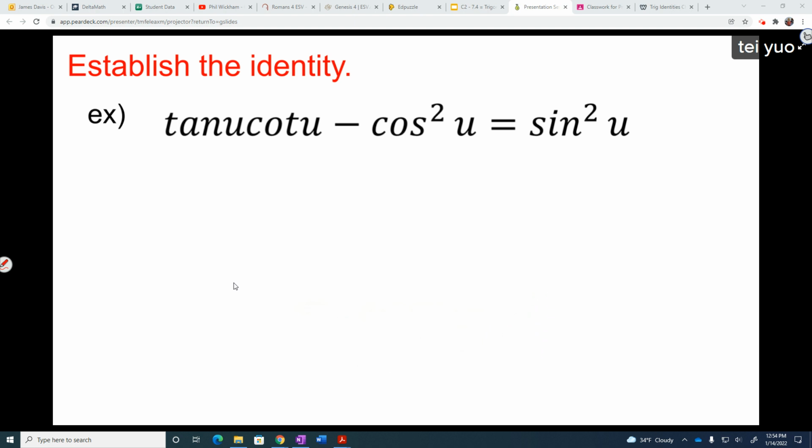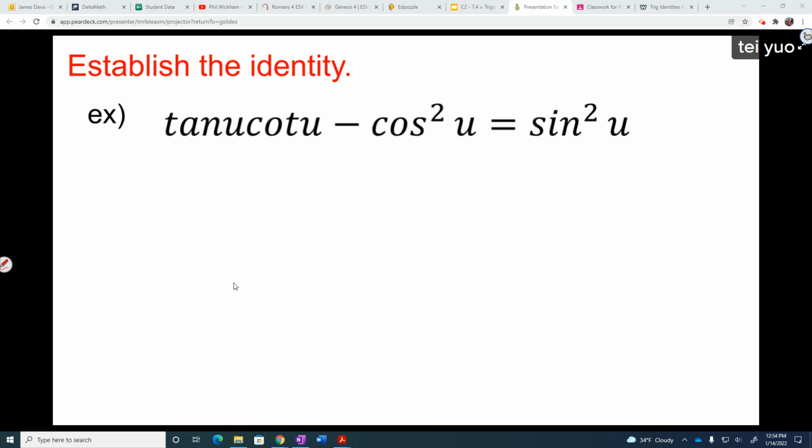All right, so we have tan u cotan u minus cosine squared equals sine squared. I always want to think a little bit ahead too. If we're going to solve this, eventually we're trying to get it equal to sine squared.